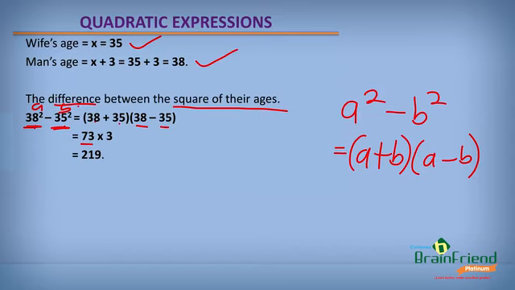This gives us 73, while this gives us 3. 73 times 3 is 219. So the difference between the square of their ages is 219. So the difference of 2 squares can be used in solving ordinary mathematical problems.